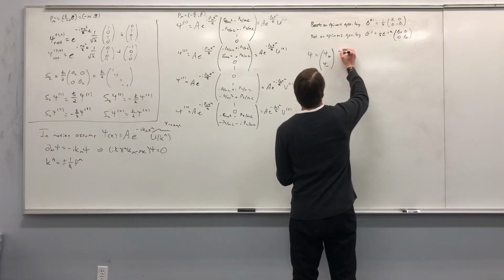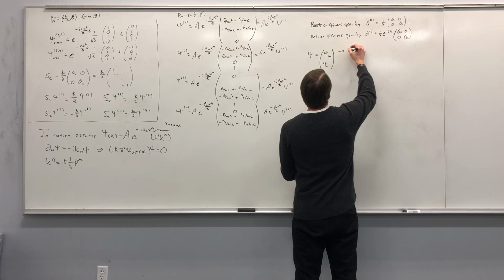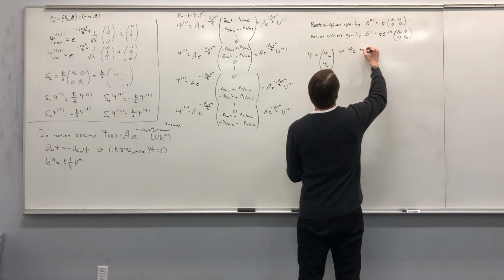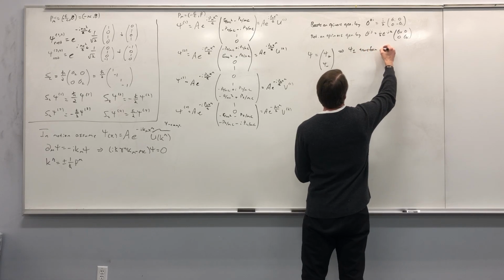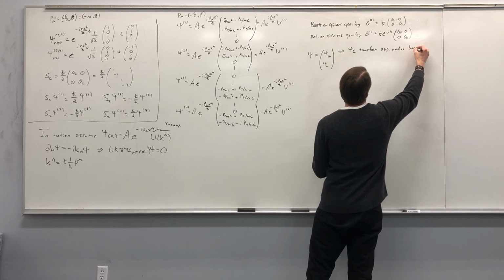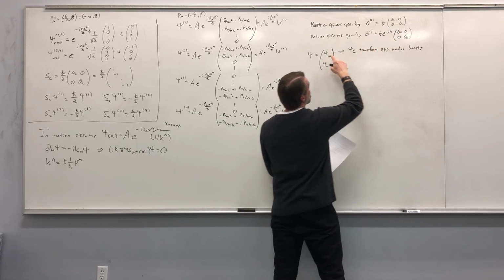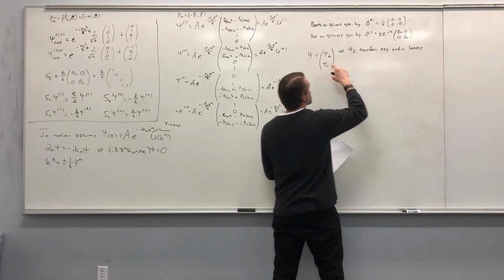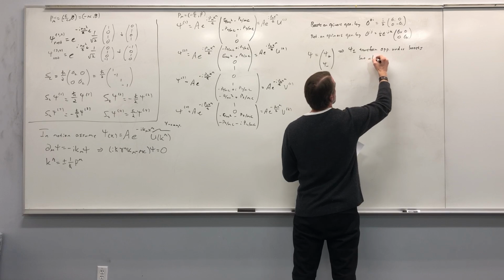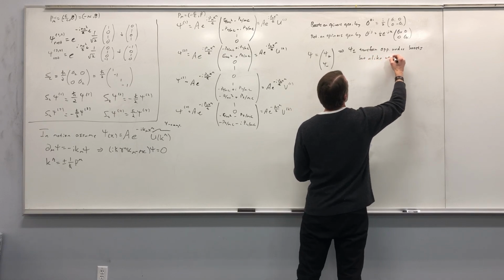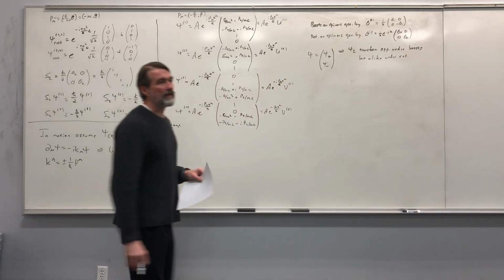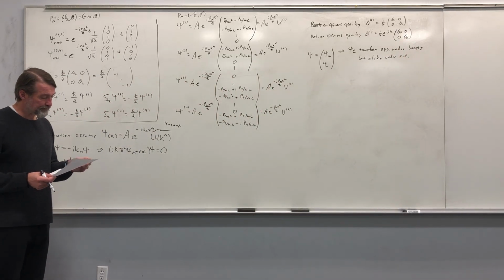Where psi plus and psi minus transform oppositely under boosts, obviously because the psi plus term gets a plus sigma i and the psi minus term gets a minus sigma i, but they transform alike under rotations. Okay, because you got sigma k, all right?